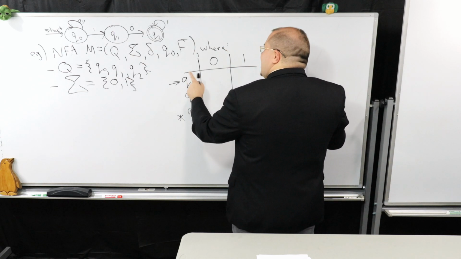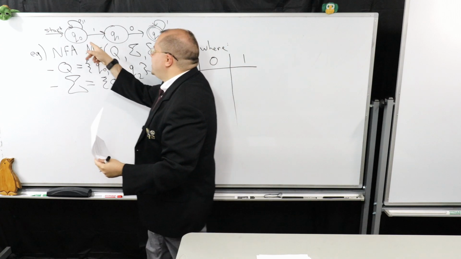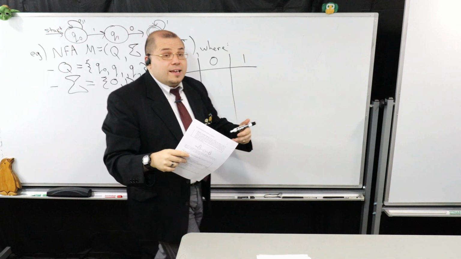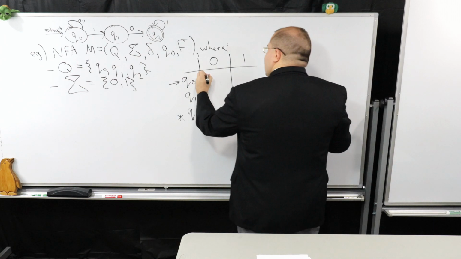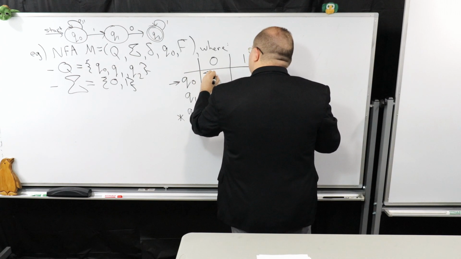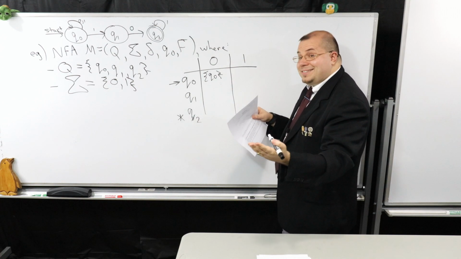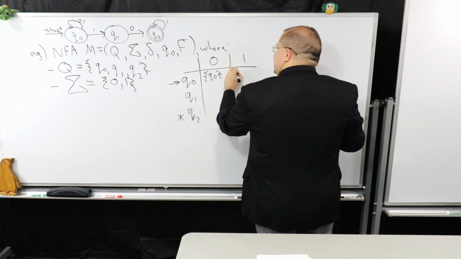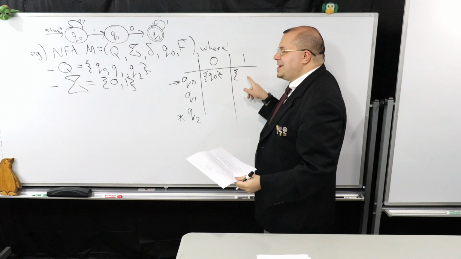Okay, so if I'm in Q0, if I read a 0, you'll notice it goes back to Q0, right? So the set I would return consists of just Q0. Notice it's just a set. It just has Q0 in it. That's the subset in question. Now I have a question for you. If I read a 1, what should go inside this set?